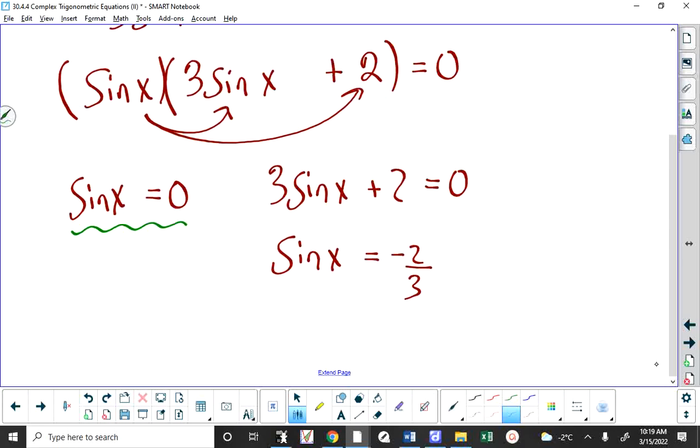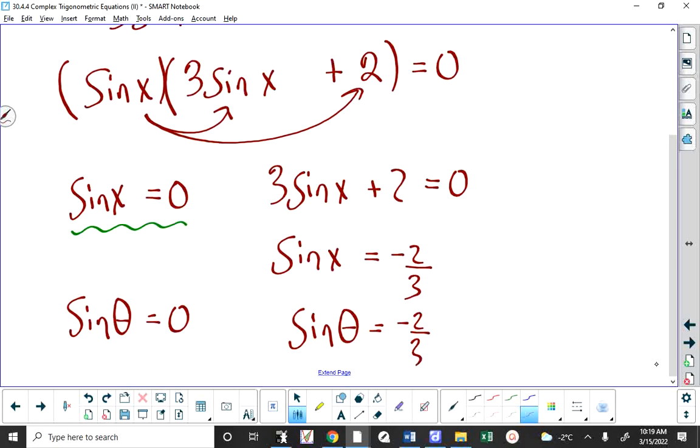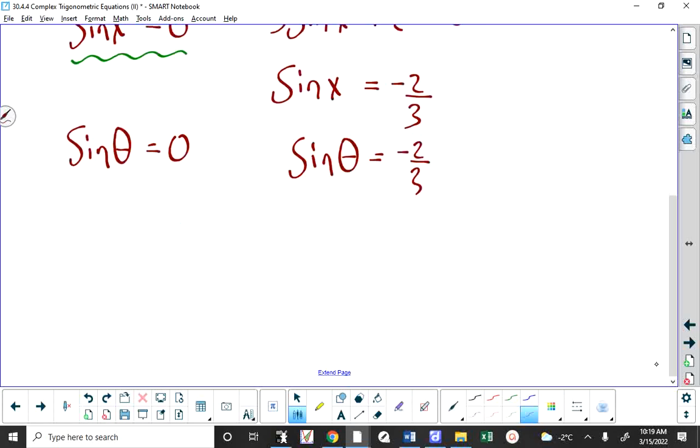If you like, if it just makes the thought process that much simpler, because we're going from an equation with a variable to the unit circle that has x in it as well, do that. So I'm looking on the unit circle at where sine is 0. Well, sine is the y coordinate on the unit circle. And the y coordinate is 0 here and here.